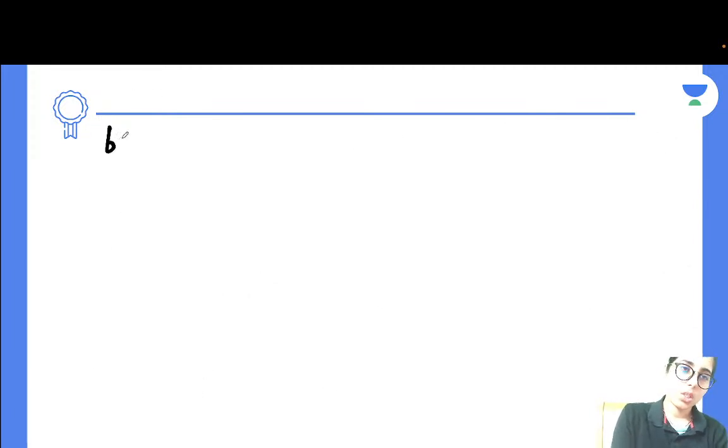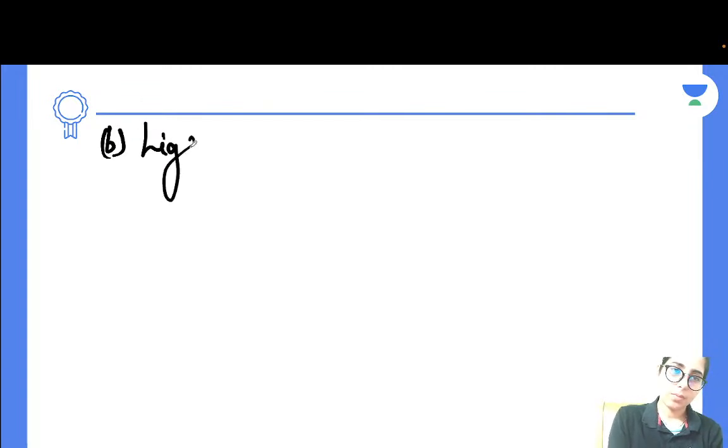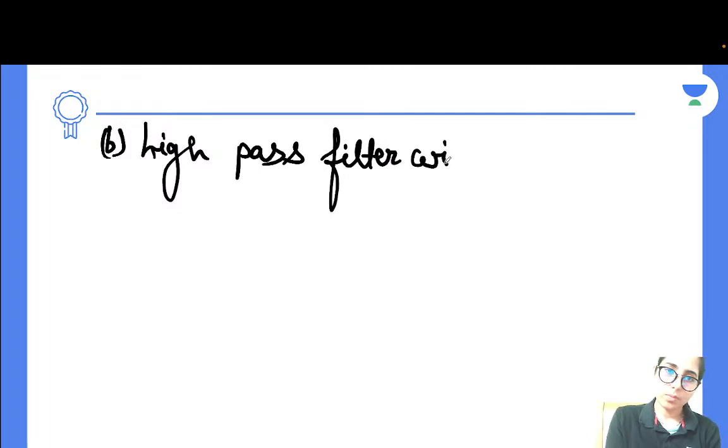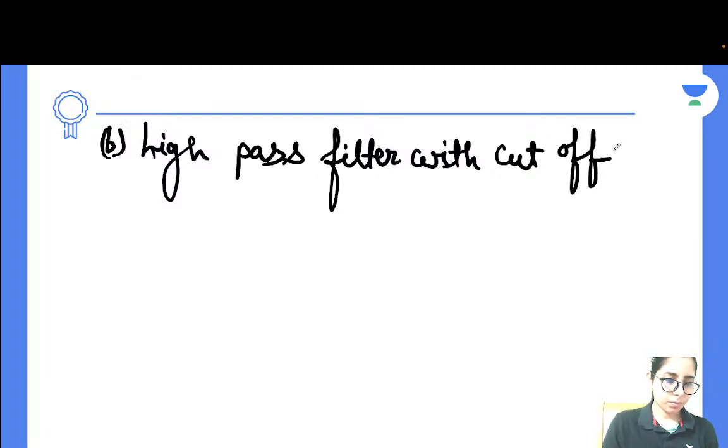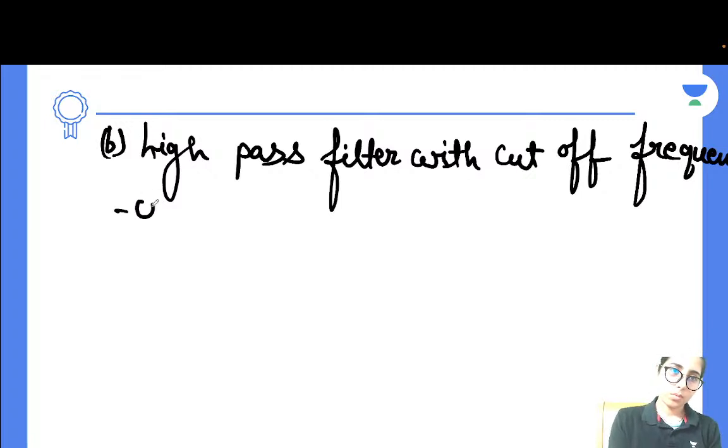Option B is high pass filter with cutoff frequency 100 hertz.